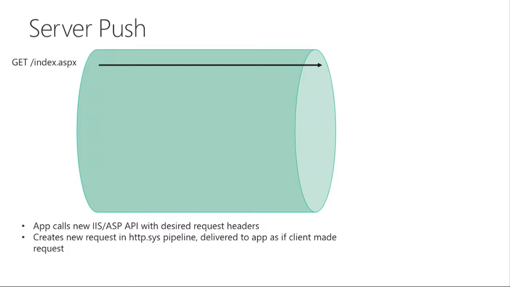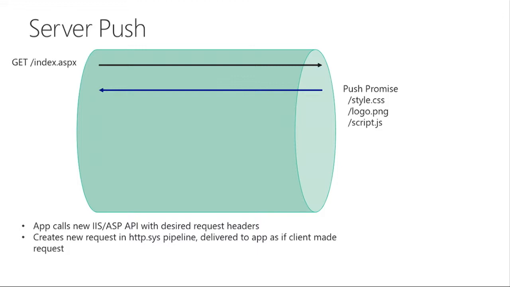So the server application can call APIs within Windows from IIS and from ASP.NET that say, please push these resources. What this does inside of the Windows system is it creates an artificial GET, and we push that GET back up to the application, and it sees it just like a client had asked for it. And from there, that will create within the stack a push promise.